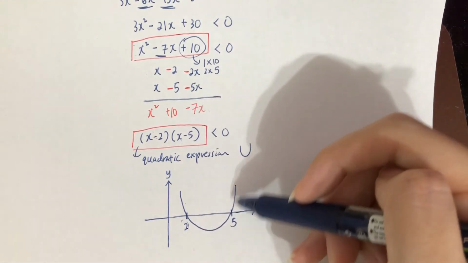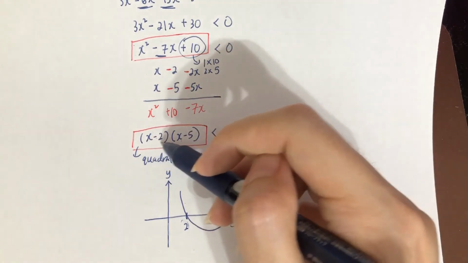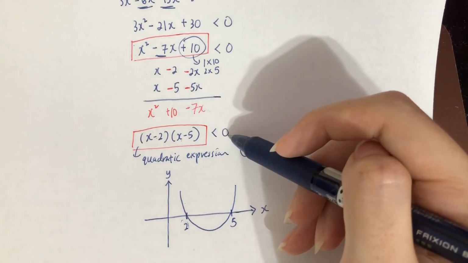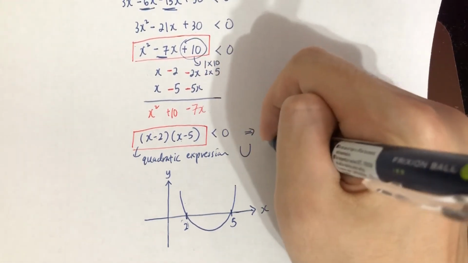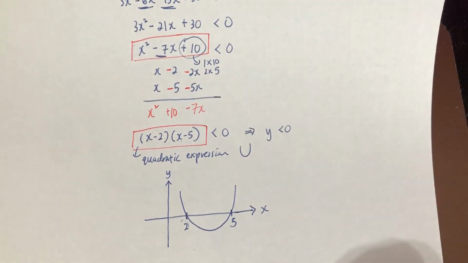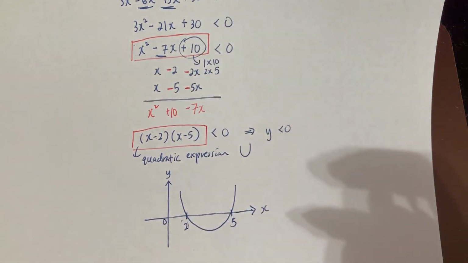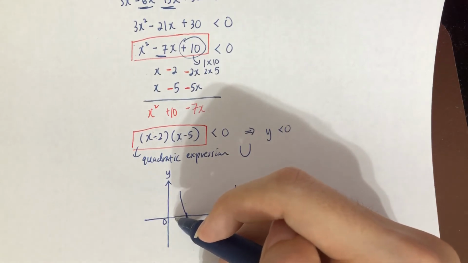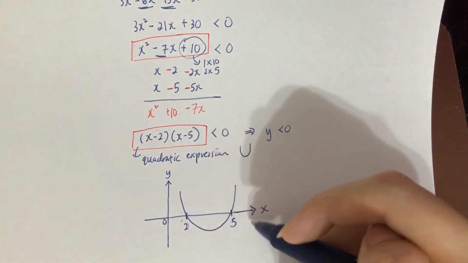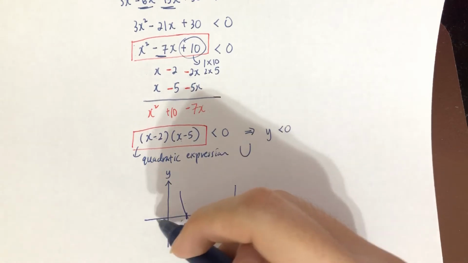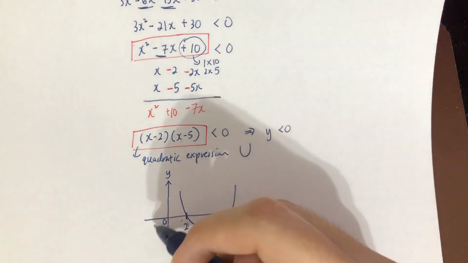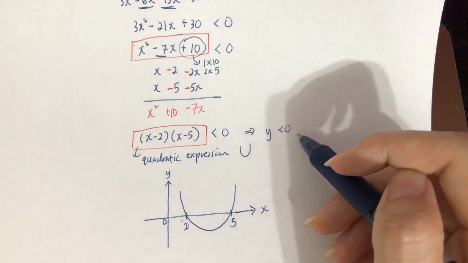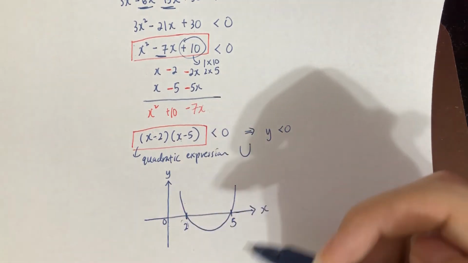So the curve will look something like this. Given that the whole curve is less than 0, this actually means y is less than 0. Given that 0 is here at the origin, y less than 0 means whichever part of the graph is below the x-axis, which are the negative regions of y.